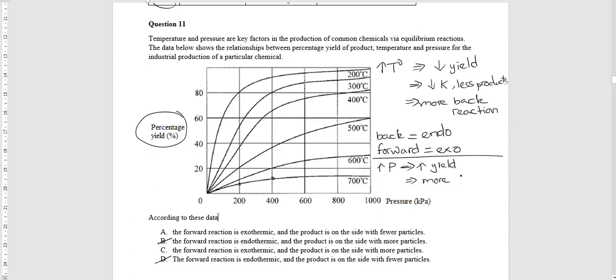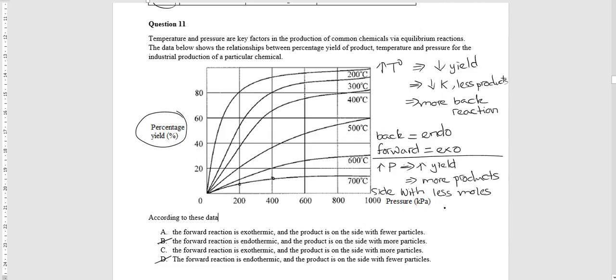Now K is not going to change here because you haven't changed temperature. The temperature is still at 700 according to this curve, but the pressure changes. That doesn't change K. So I just have more product, and if I increase pressure, the change is always going to be going to the side with fewer moles, because increasing pressure will increase concentrations of everything, and the response for that is to go to the side with fewer moles.